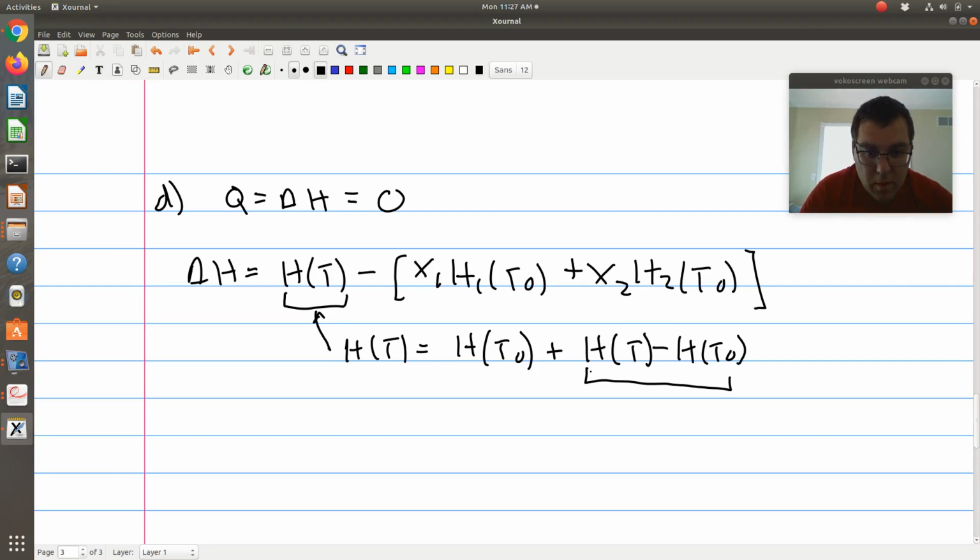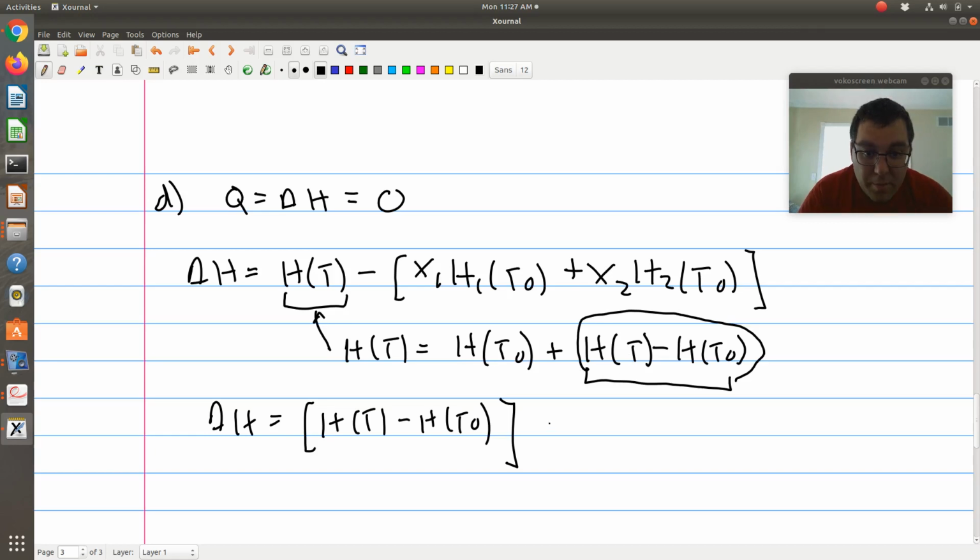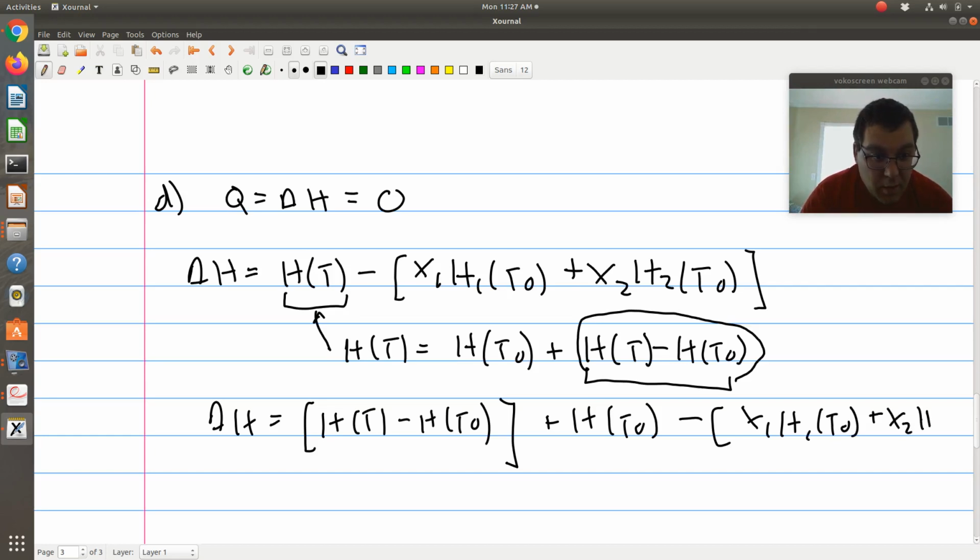So, if I do that, I'm going to take this in two steps, just so I can take it piece by piece and have it make sense to what I'm doing. Delta h, if I plug this in here, now I'm going to have this first term, which is h of t minus h of t naught, and then plus h of t naught minus x1 h1 t naught plus x2 h2 t naught.